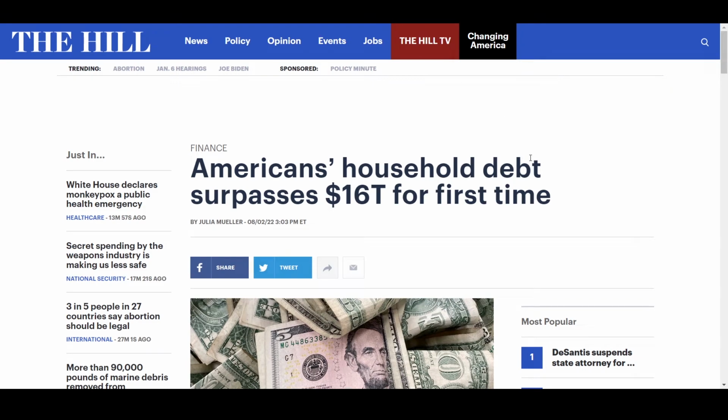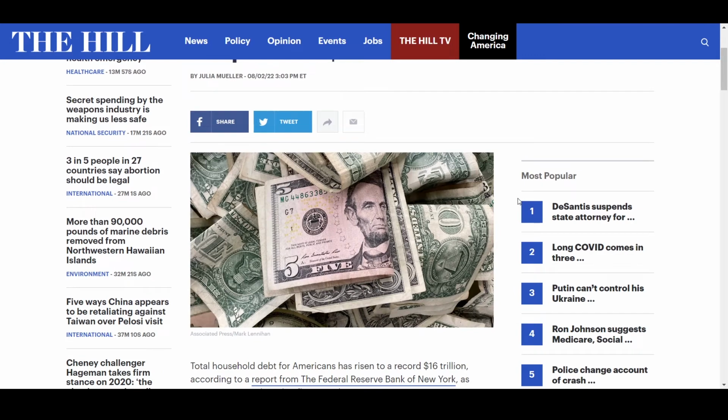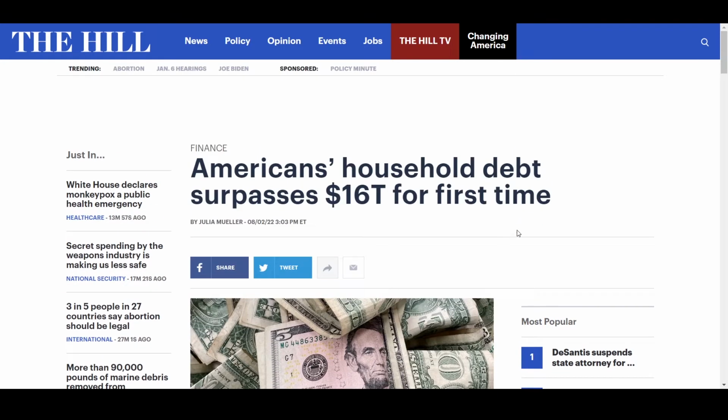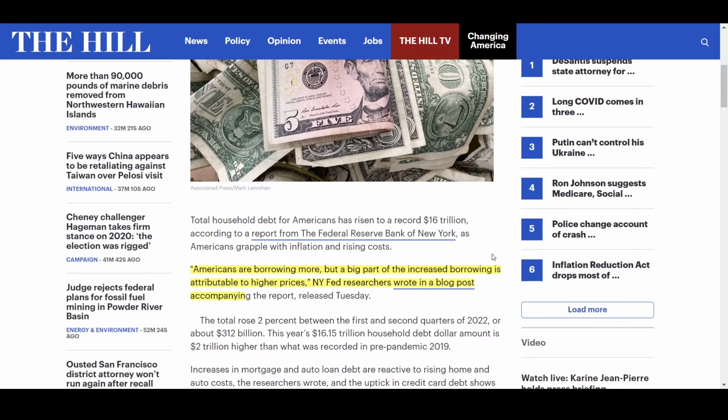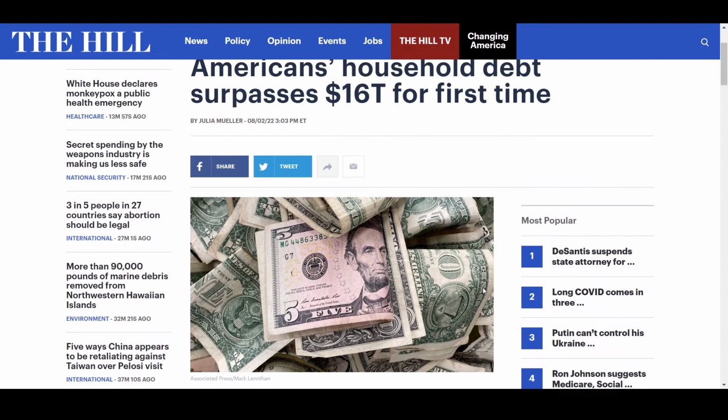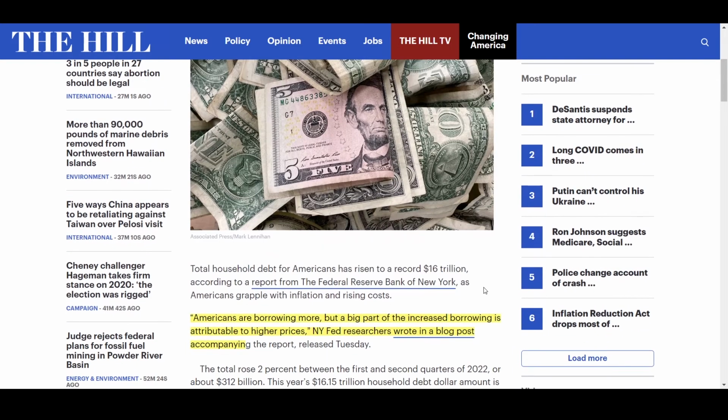And we are going into a topic that's also very loud of late. Americans' household debt surpasses $16 trillion for the first time, and it means that right now we are entering uncharted territory that may lead to very tough times for US customers.